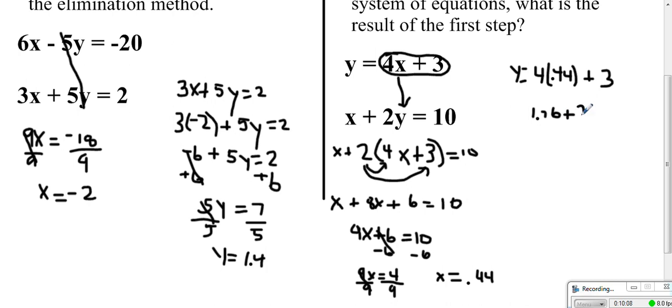Then you add 3 to it, and you get 4.76. And that's y. So your x is 0.44. Your y, 4.76. And that's it.